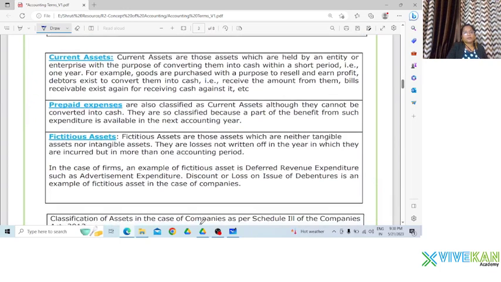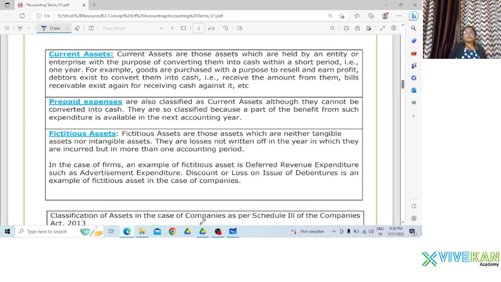The second aspect is current. When we say current, these are held by the business for the purpose of converting into cash in a short period. Very important: whenever you say current, it's for a short period. When we say short period, it is more likely to be 12 months. Like, you have sold to a customer, now you have to get money from it. You have given him terms that the amount needs to be paid in 60 days.